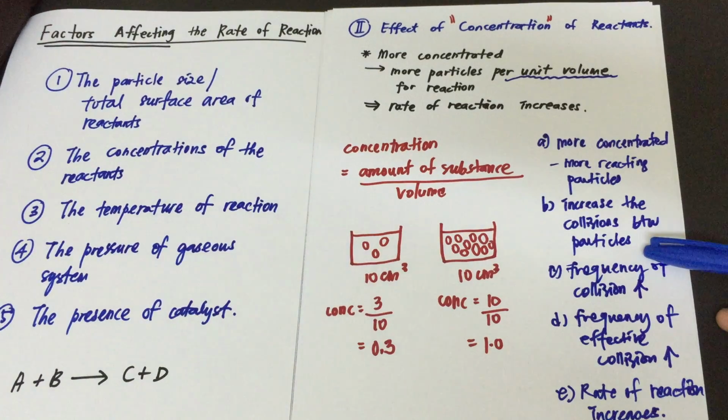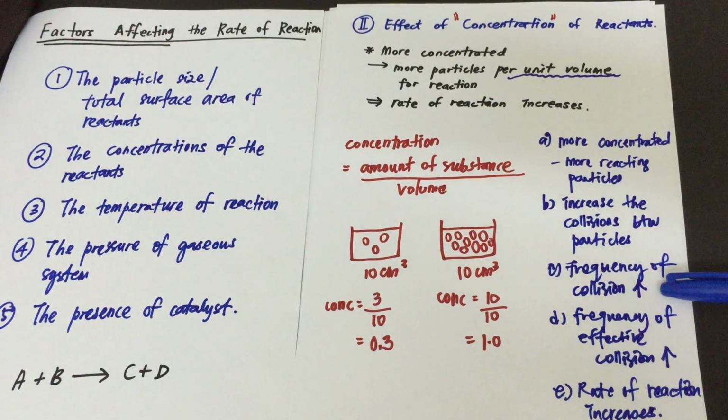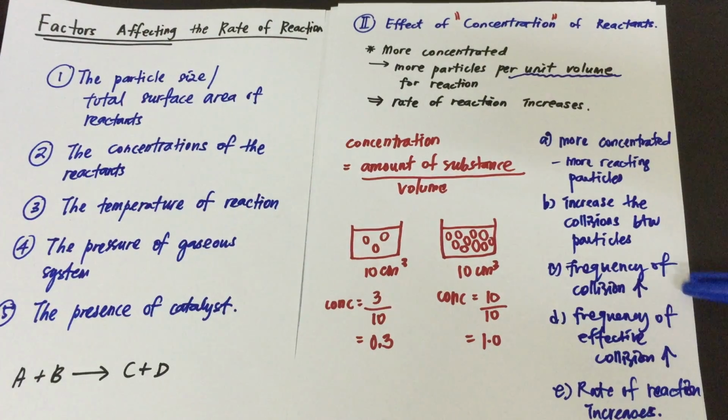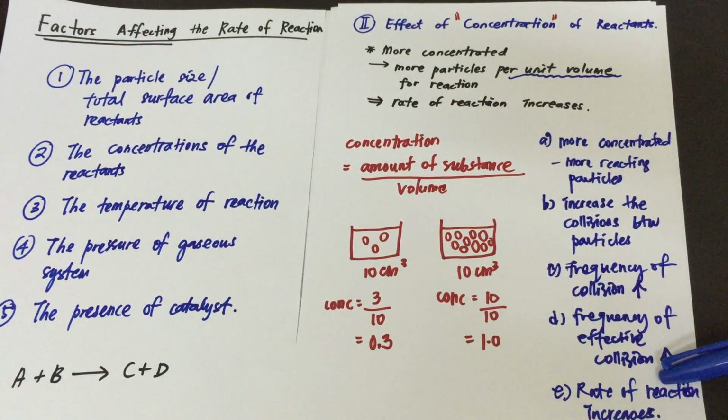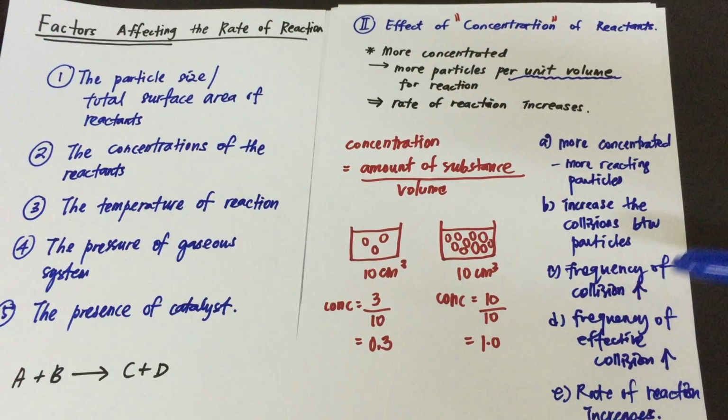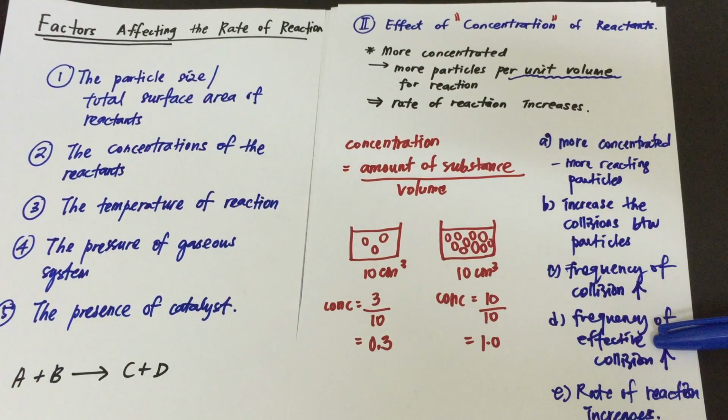After we increase the collisions, the frequency of collision will increase, and we continue to relate the frequency of collision to the frequency of effective collision. That means among the increase in frequency of collision, there are more collisions able to achieve the correct orientation and also the minimum energy requirement, which is the activation energy. Then from there, the rate of reaction will increase.